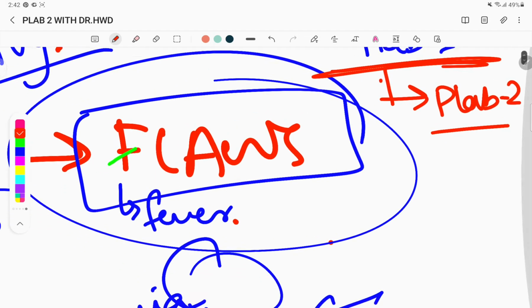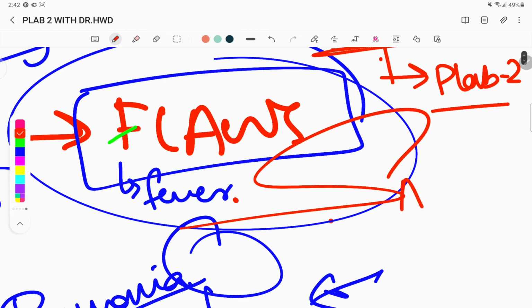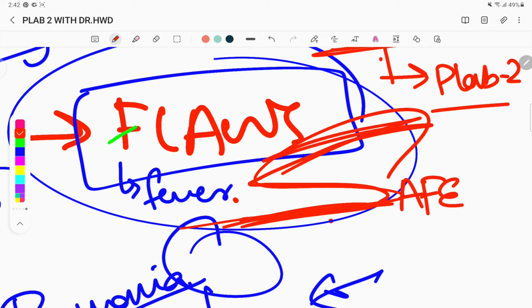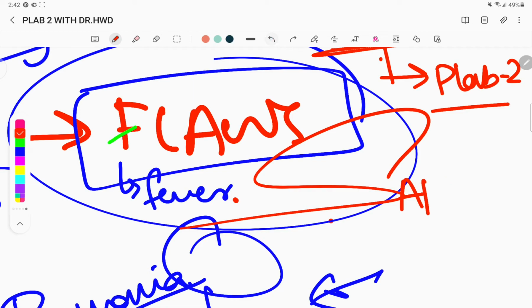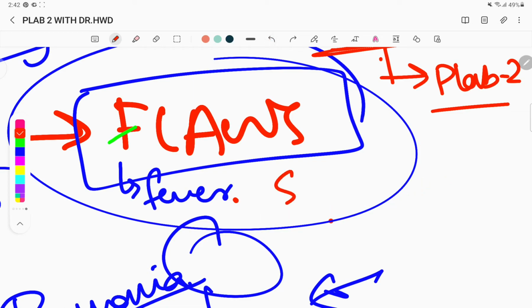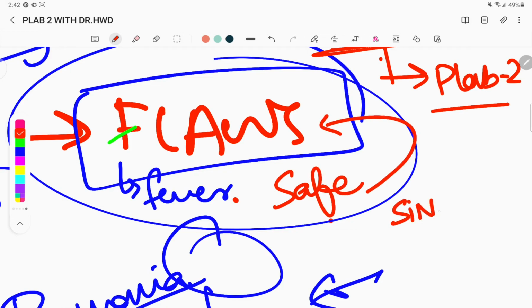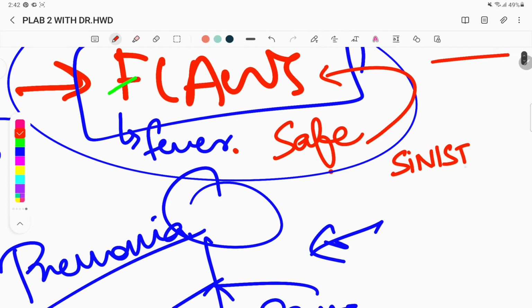They want to see 2 things in PLAB 2. Number 1, are you a safe doctor? Look at me, I drew a big S here. So S, are you a safe doctor? Because they know you are a good doctor. Now they want to see, are you a safe doctor? If you are a safe doctor, you would make sure that you exclude the sinister things. Please, guys, focus on this word, sinister things.